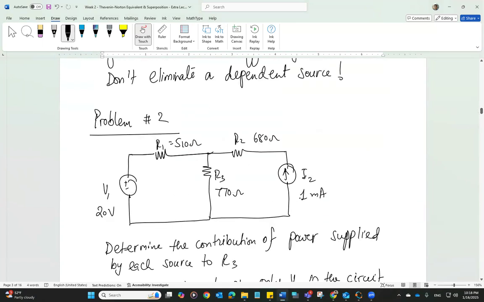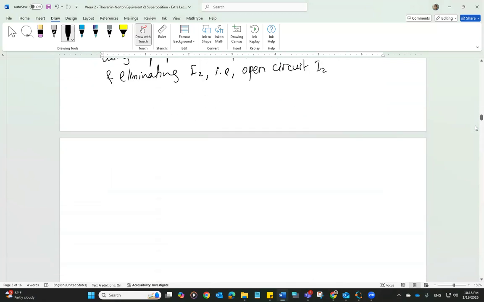So when we open circuit I2, of course, this whole branch is going to be gone, and we will have only one loop with V1, R1, and R3. And from that, we can calculate the current and we can calculate the power.